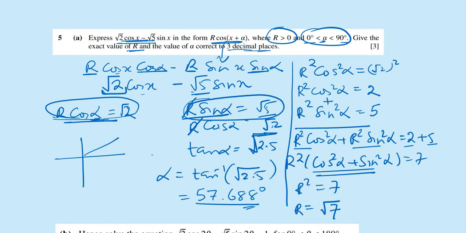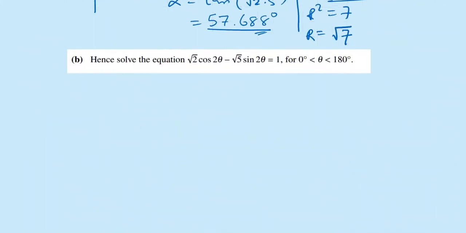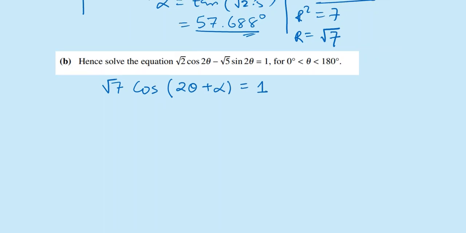So let's do it. So it becomes r. R was square root 7 cos 2 theta plus alpha equal to 1. This is the conversion. So we can divide both sides by square root 7.